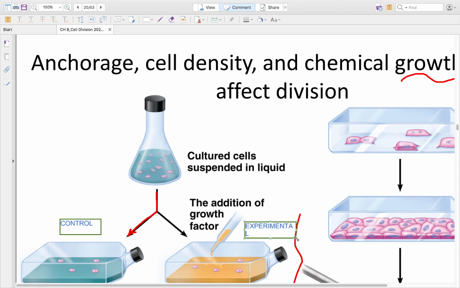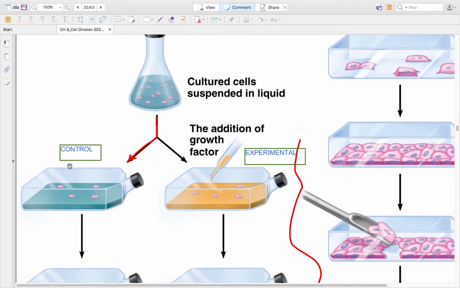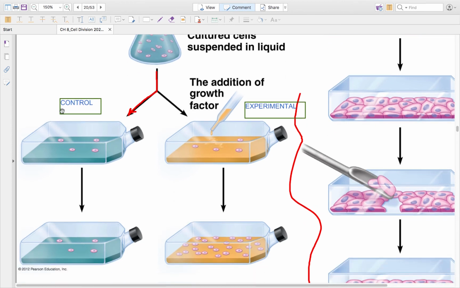So they put 4 cells in here. And if we count them up, there's 1, 2, 3, 4. They waited a certain amount of time, and there's only 4. Well, that's because cells cannot grow in a liquid.